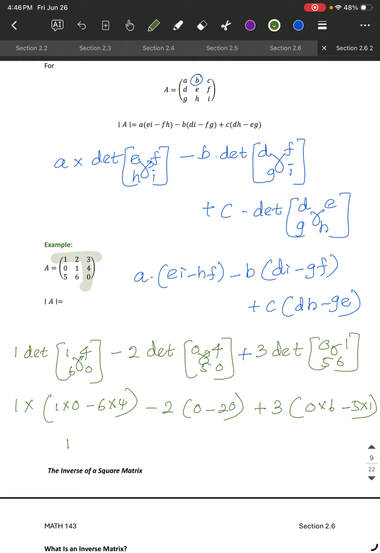So 1 times negative 24, negative 2 times negative 20, plus 3 times negative 5. Finally, we have negative 24 plus 40, negative 15. The determinant equals 1.